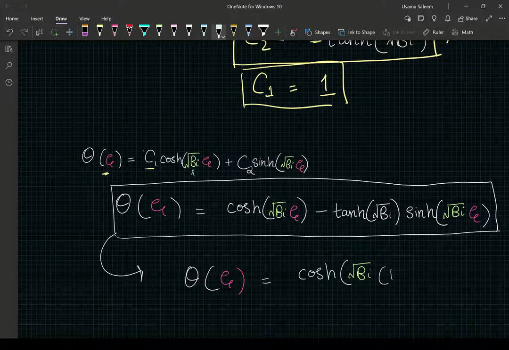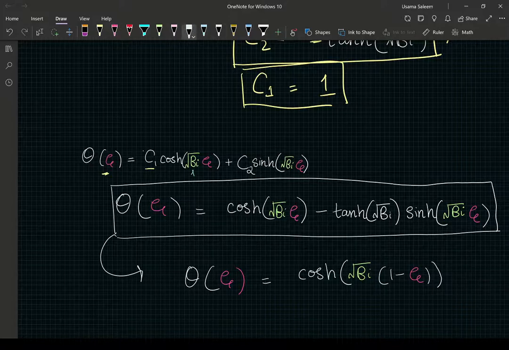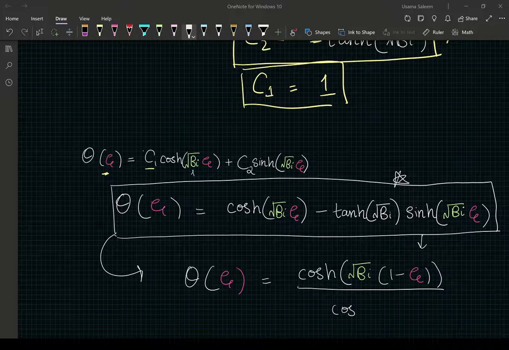1 minus eta. So this is the format in which it's been given in the textbook, if you're following Bird, Stewart, and Lightfoot. And how do they get from this to this? That even eludes my understanding. They're probably using some algebraic identity that I'm not aware of.